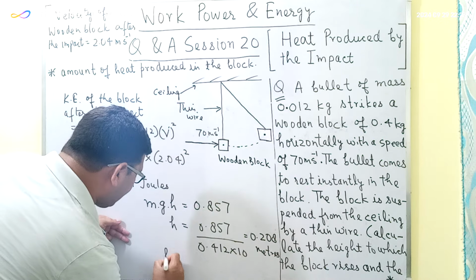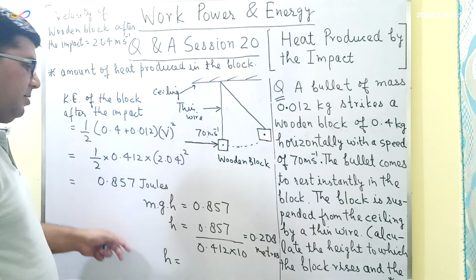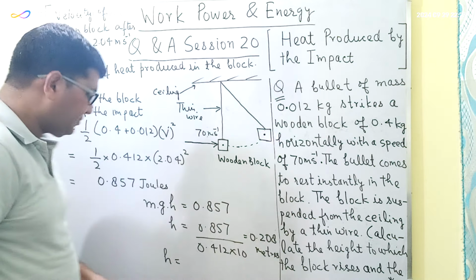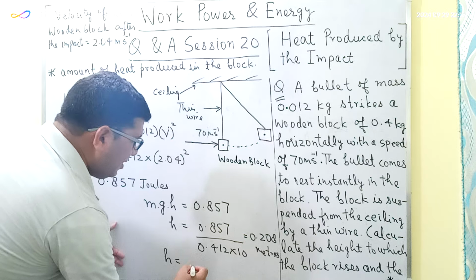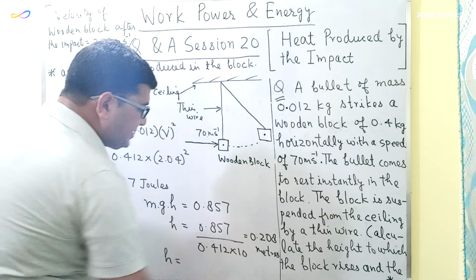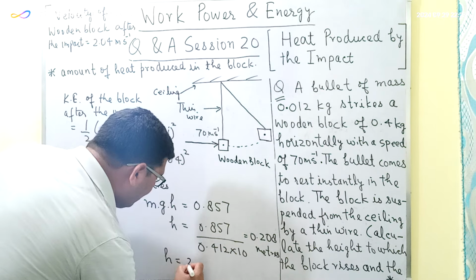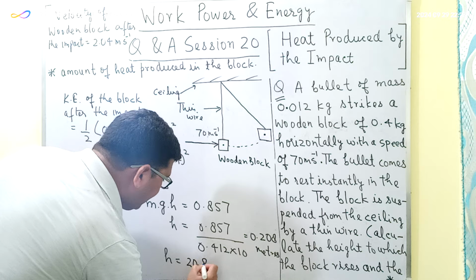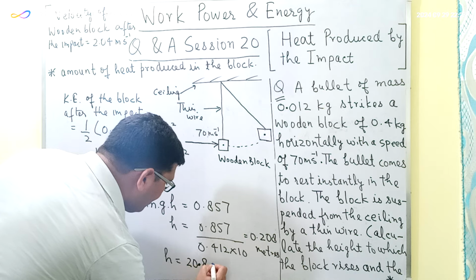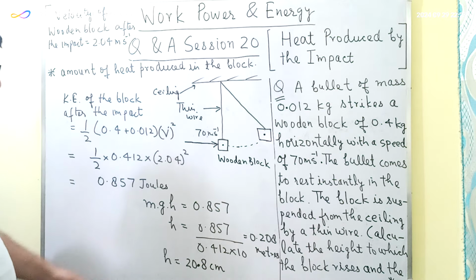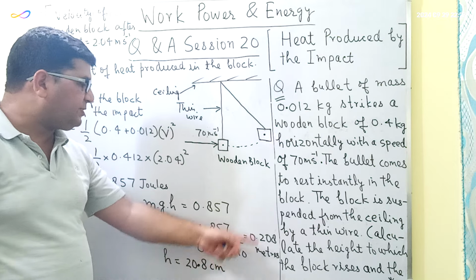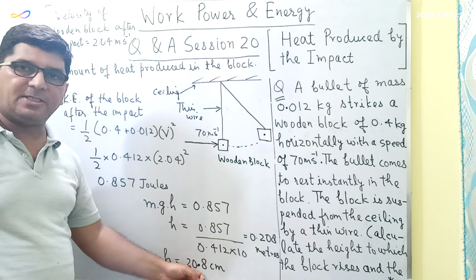Or you can say the maximum height to which this block will rise, if I write it in centimeters, will be approximately equal to 20.8 centimeters. So the height to which this block will rise will be equal to 20.8 centimeters.